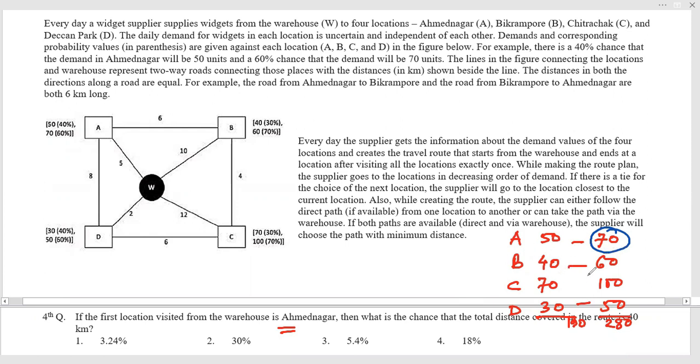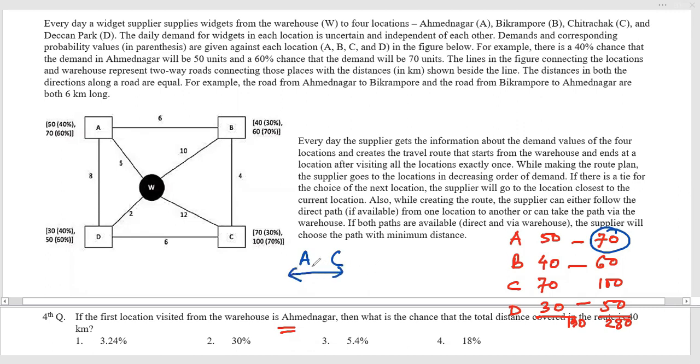Okay. First is A and 40 kilometer. Actually, C can be minimum, which would be 70. So first visit would be A. Then after that, definitely C, because C is minimum value 70, which is higher than B and D. So it should be C. AC, it is clear. They have already mentioned.